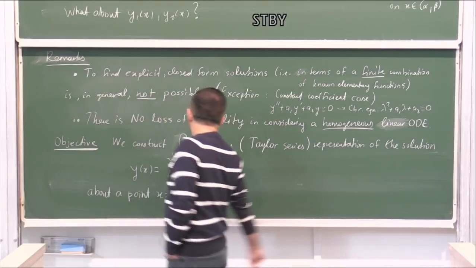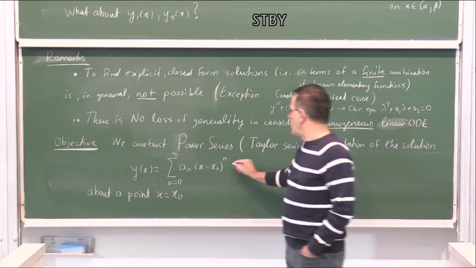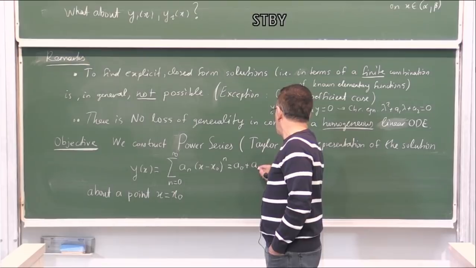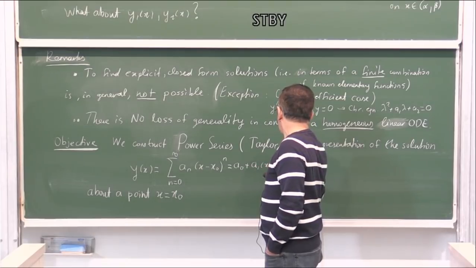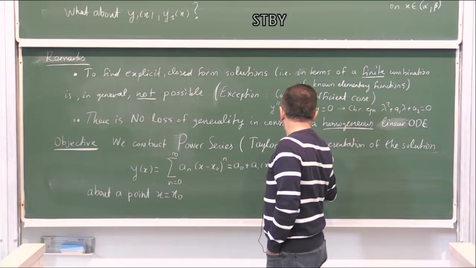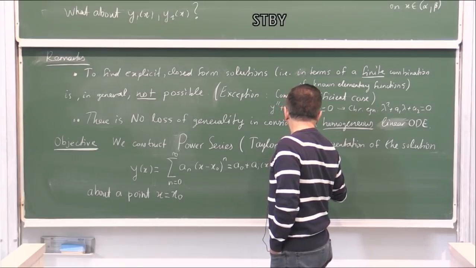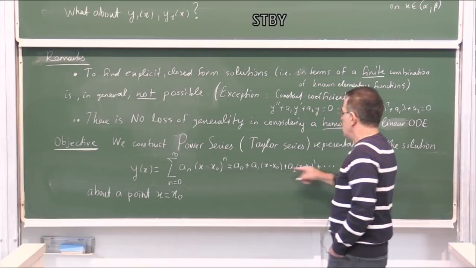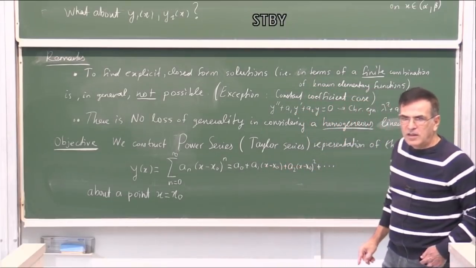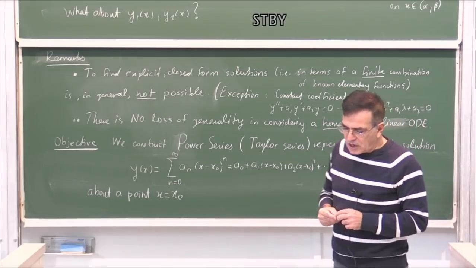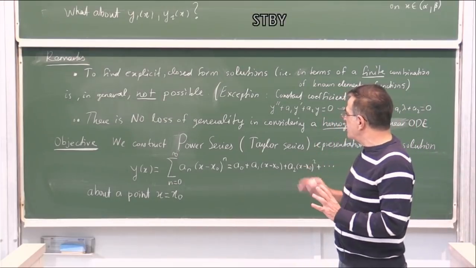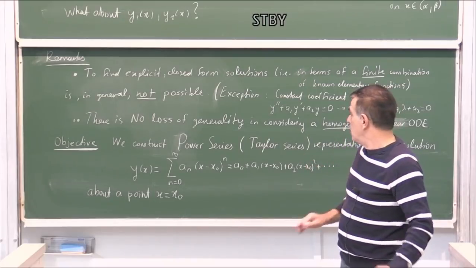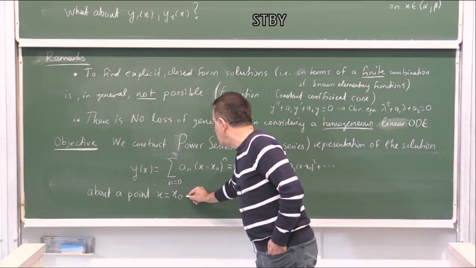Good. This is an infinite series like a0, a1 (x minus x0), a2 (x minus x0) squared, and so on. So there are infinitely many terms in such a sum. This is precisely the Taylor series expansion of the solution about x equal to x0.